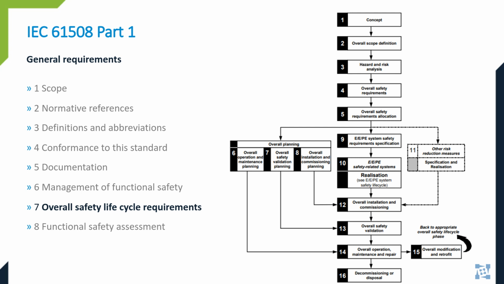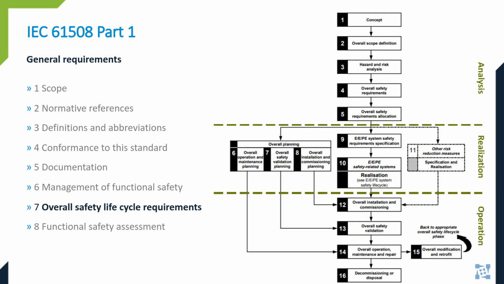Now, part 1 has 8 chapters, but the most important one is chapter 7. It provides the big picture and overall product safety lifecycle. You have the analysis phase, where all requirements are gathered and allocated. This includes all regulatory and customer requirements.